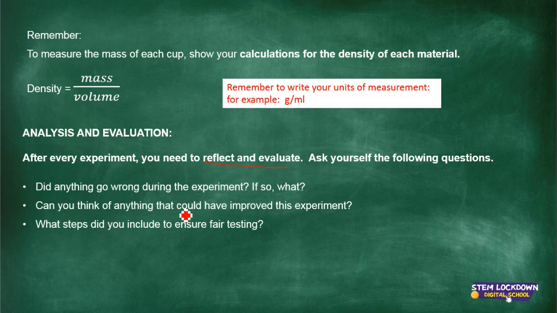Then, can you think of anything that could have improved the experiment? So what could have made the experiment better? This allows you to think reflectively, and it improves your skills. Okay, so the next time you want to do something, you'll remember these things. And then, what steps did you take to ensure fair testing? Like you use the same size of cup and the same material.